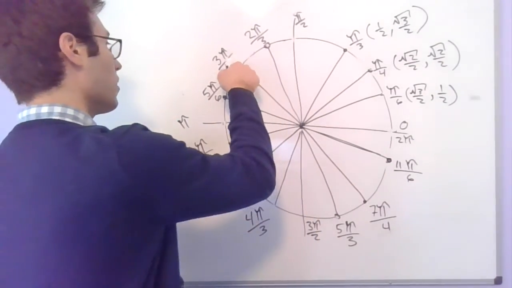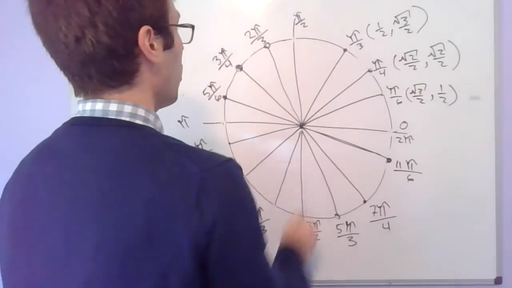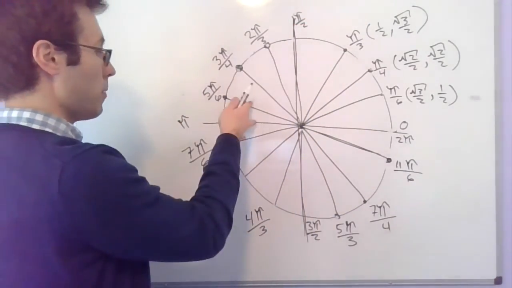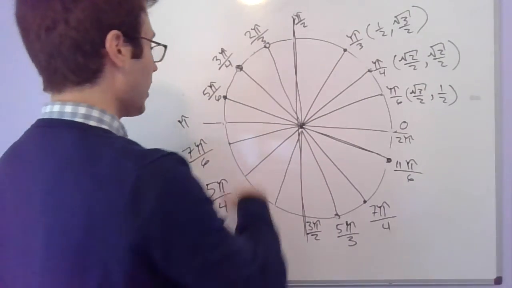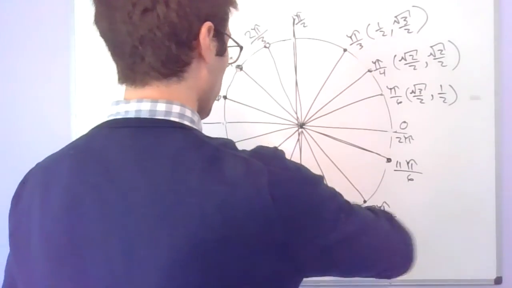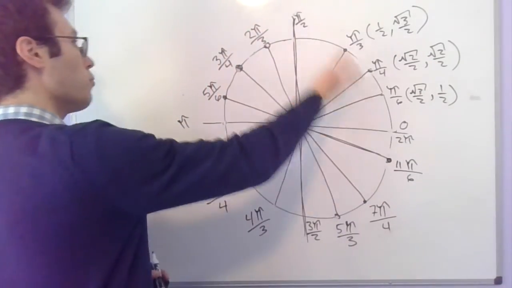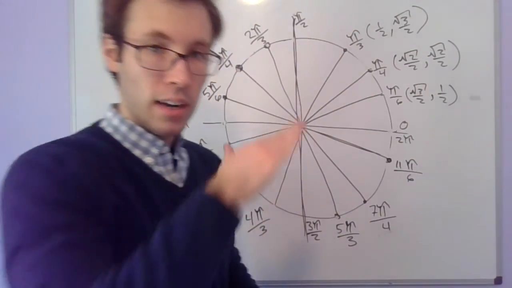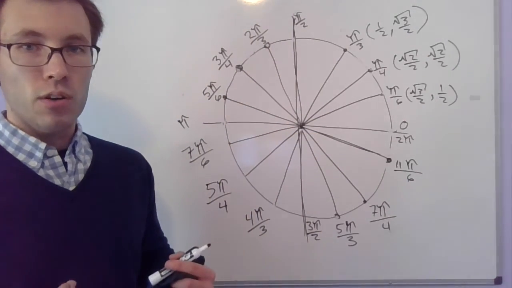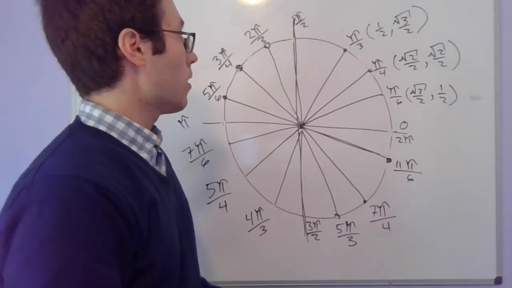And remember that the cosine terms along anything to the left of that must be negative. For the sine terms, those are our y coordinates. Those values, this is the negative portion right here. So you just keep repeating this process, and you kind of look at what y values are the same. You look at the x values, and then you go from there. Okay, so kind of cool.